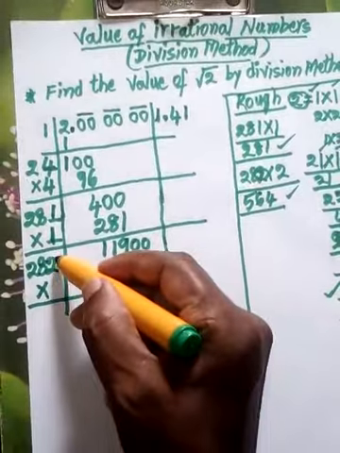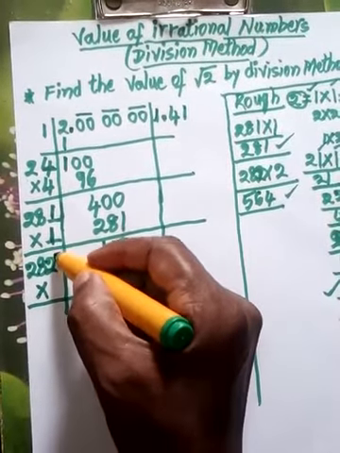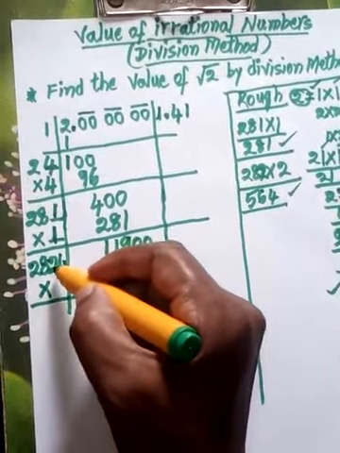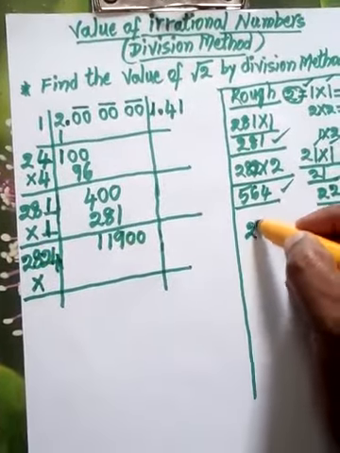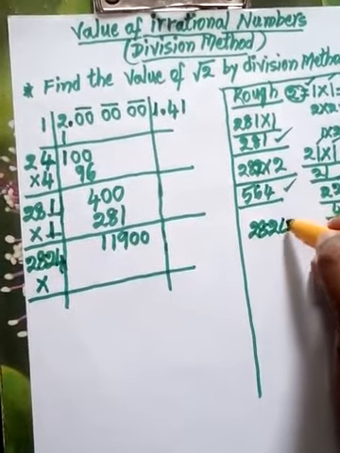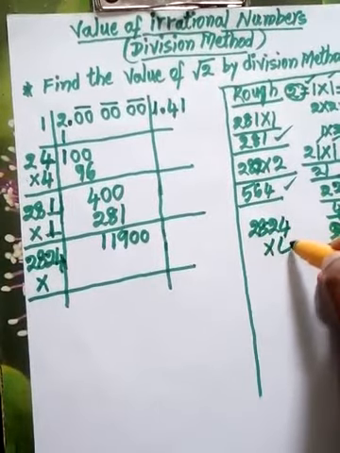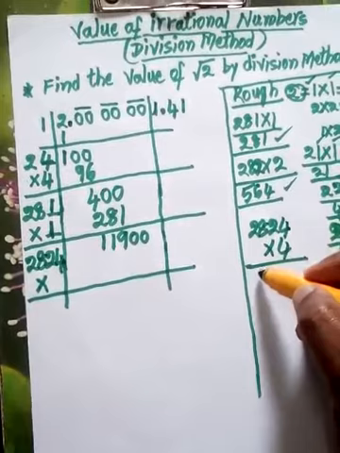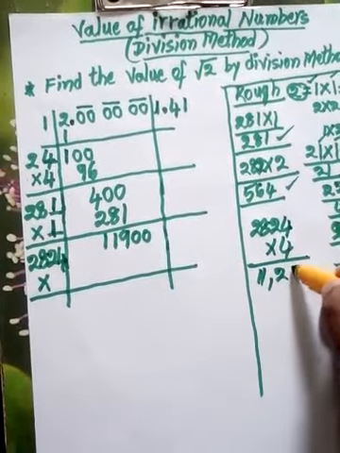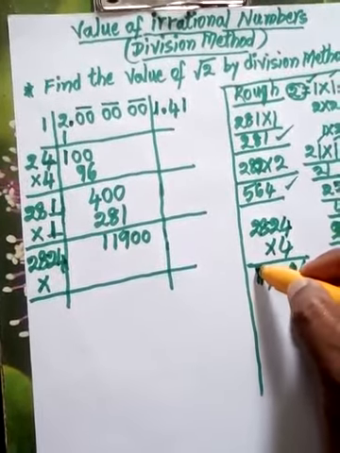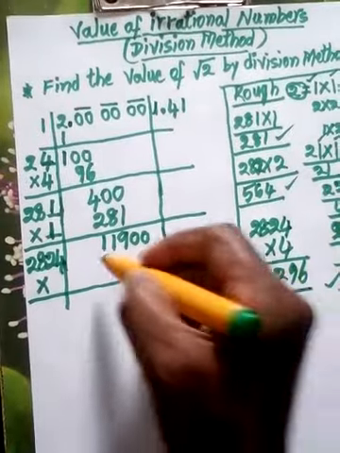Let us take 4 after 282. If we write 4, that becomes 2824. And again if we multiply by the same 4 we will get 11,296.